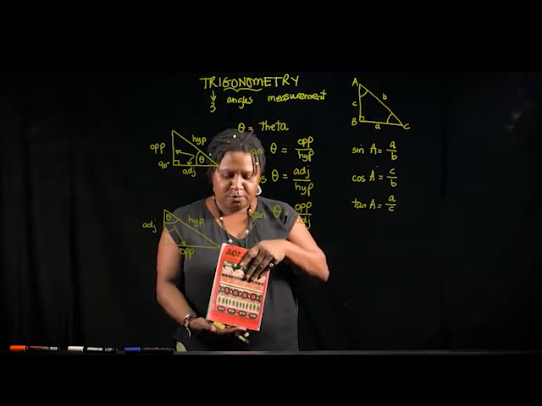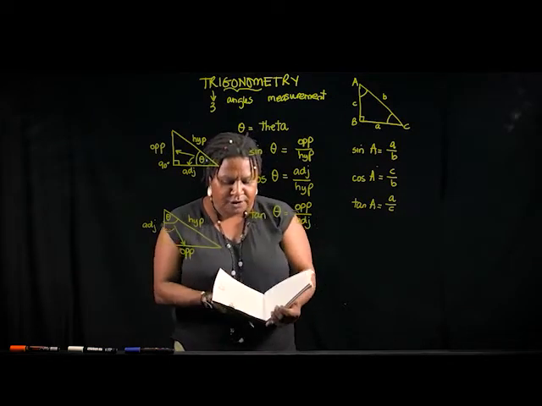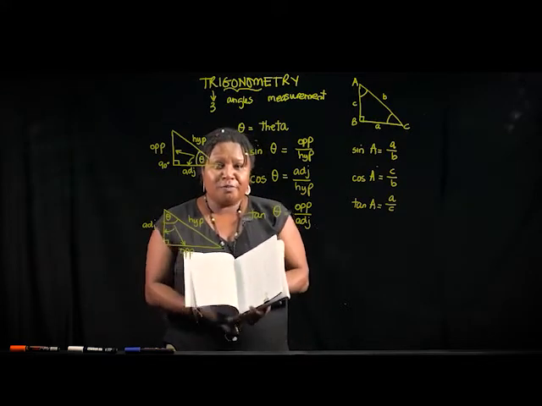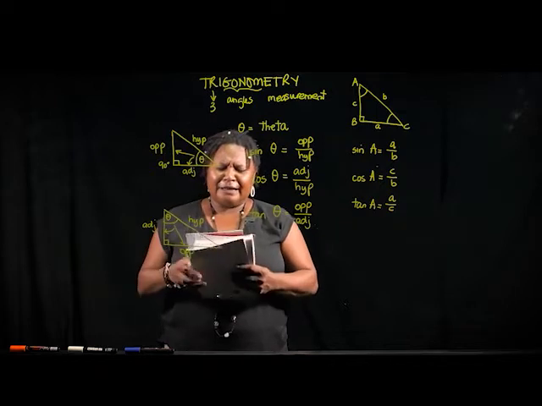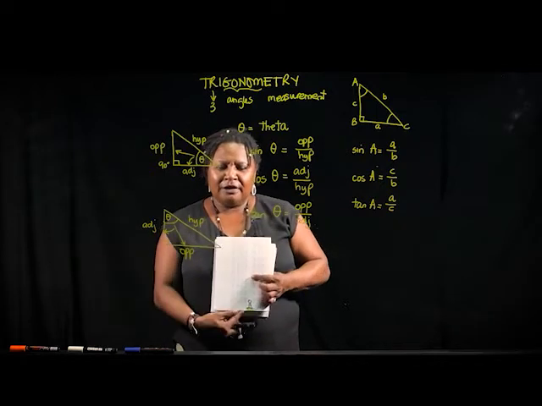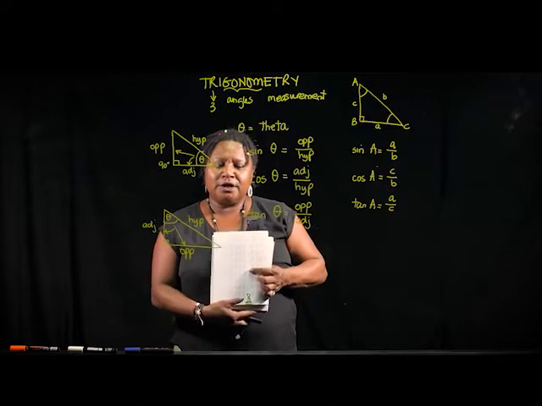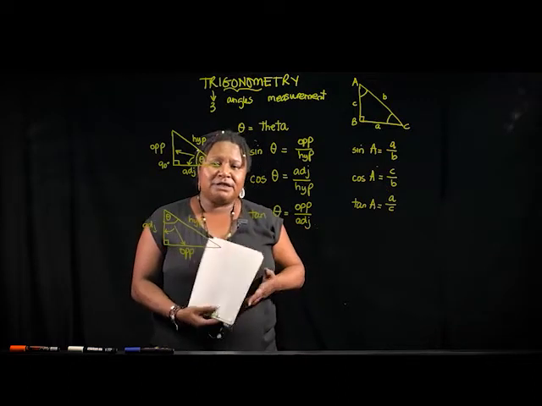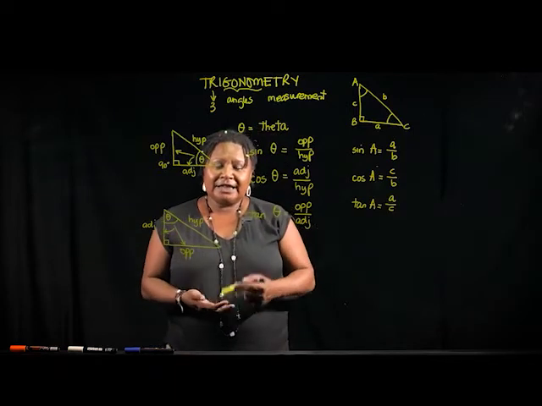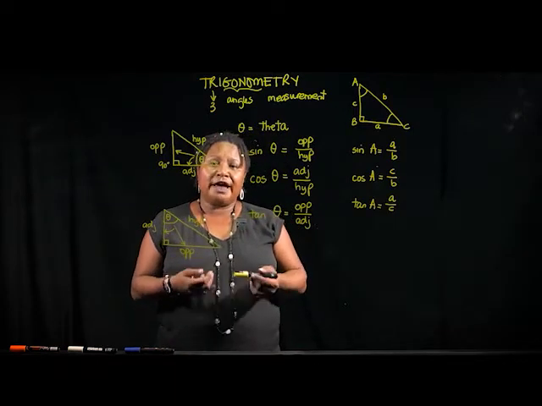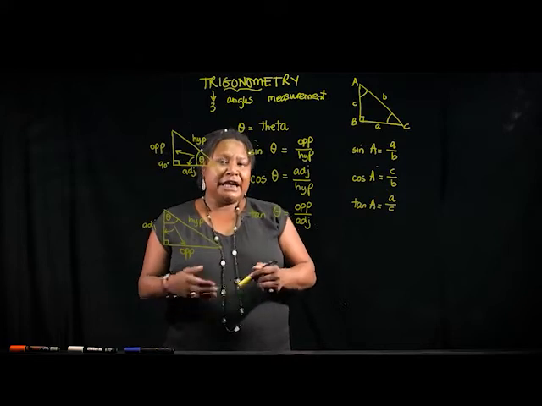In these textbooks, we have what is called the trigonometric tables. The tables are located at the back of the textbook. And in those tables, they give us the sine, cosine, and tangent values of angles 1 up to 90.